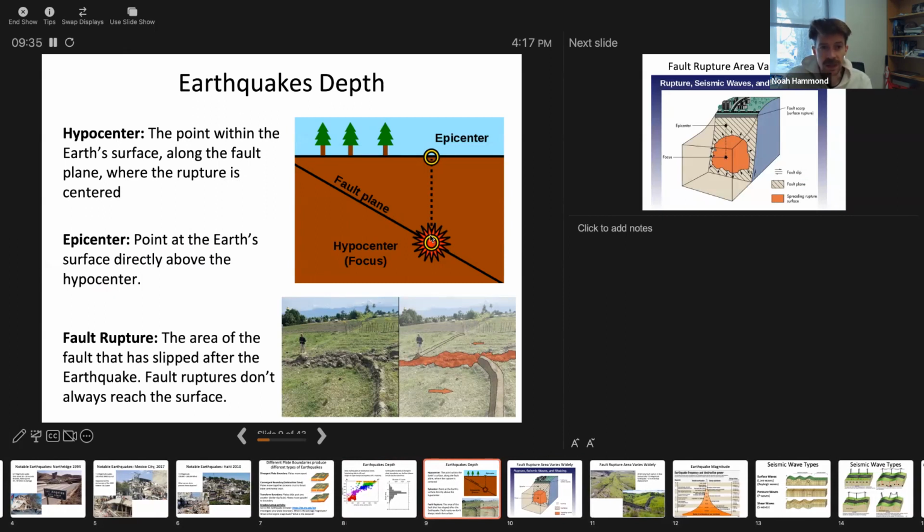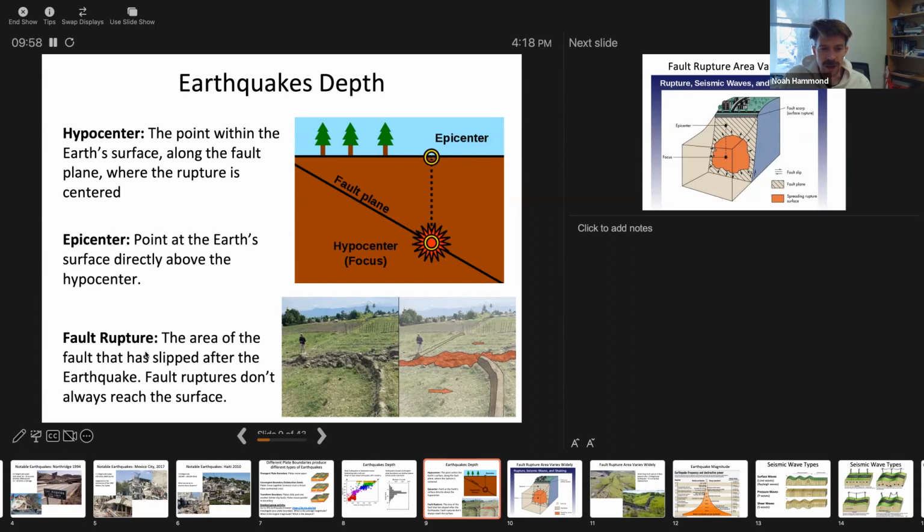This is the point within the Earth that is along the fault plane where the rupture is centered. And above the hypocenter, at the surface, we have the epicenter. The epicenter is just the location on the surface that's directly above the hypocenter.